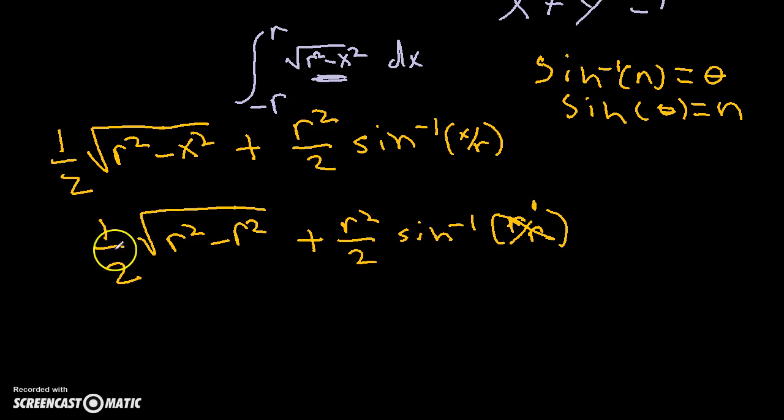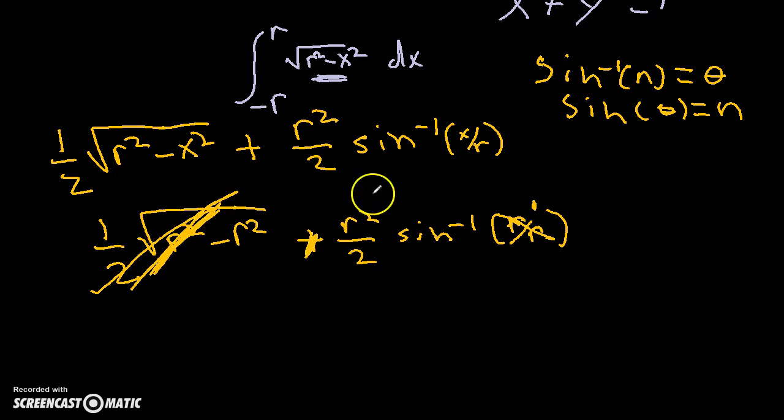And we can also cancel this out because r squared minus r squared is just equal to 0, and the square root of 0 is just 0 times 1/2, so we can cross that out.